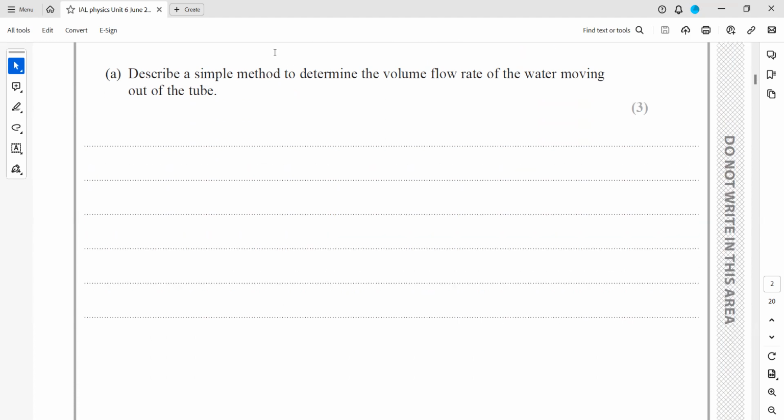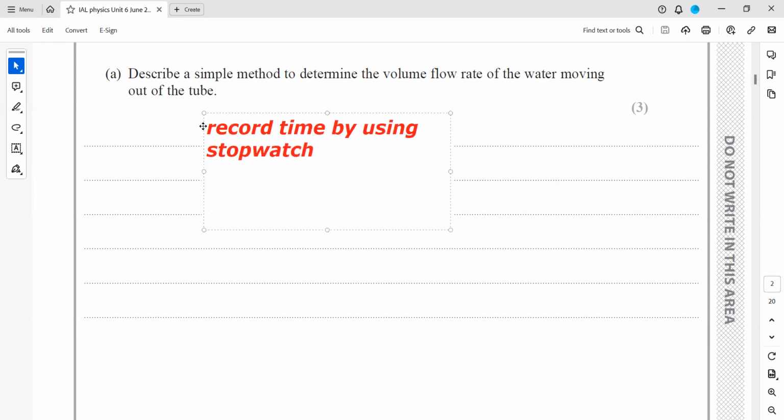Whenever something is related to rate, it refers to time, like per second. So we'll record the time by using a stopwatch. Then we'll record the volume of water flowing out.